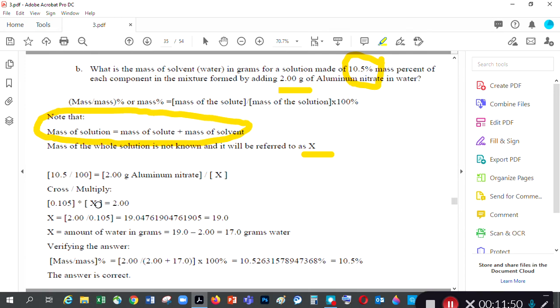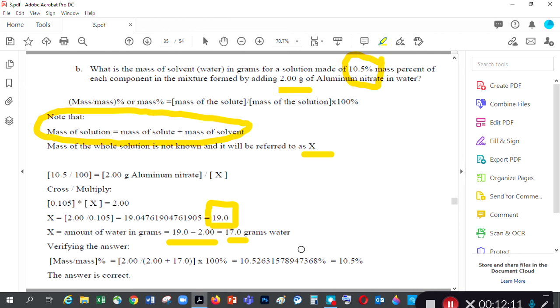Solve it for X, and X will be 19.0. If X is 19.0 and aluminum nitrate is 2.0, then the amount of the solvent H2O is 19 minus 2.0, which is 17.0 grams of H2O.